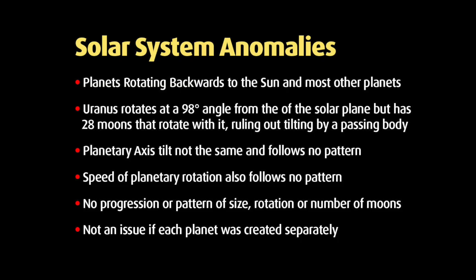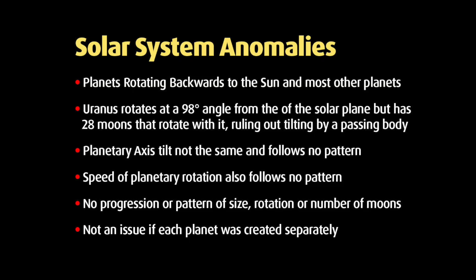If we look at all these anomalies, the planets are rotating backwards to the sun and most other planets. Uranus rotates at almost a 90-degree angle from the rest, but has 28 moons that rotate with it, ruling out tilting by a passing body. The planetary axis tilt is not the same and follows no pattern. Speed of planetary rotation also follows no pattern.